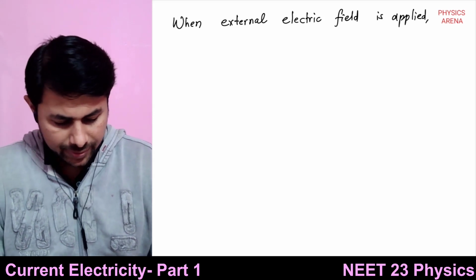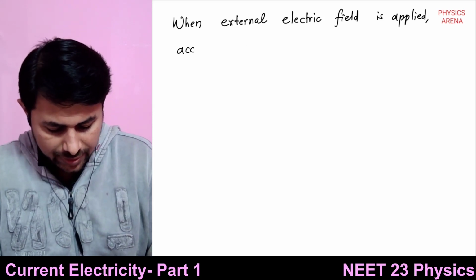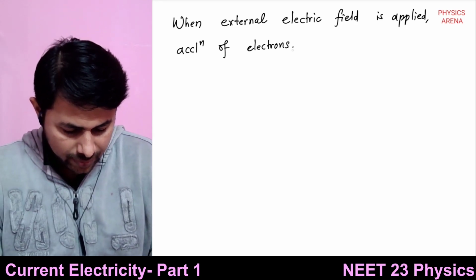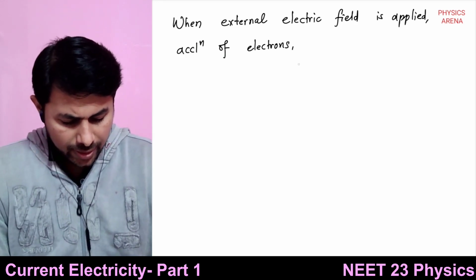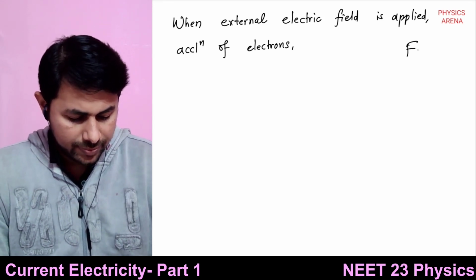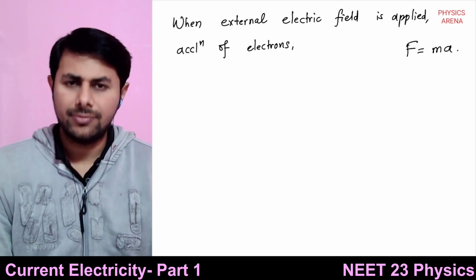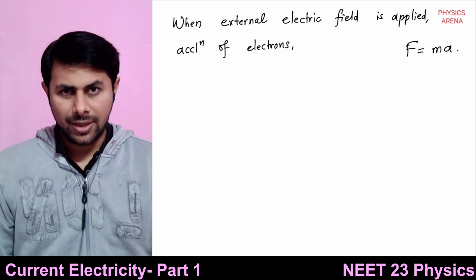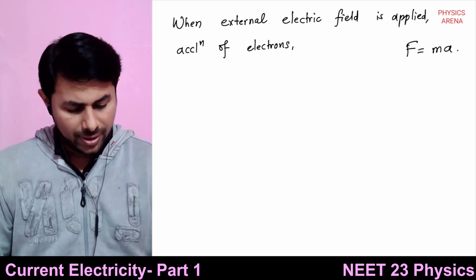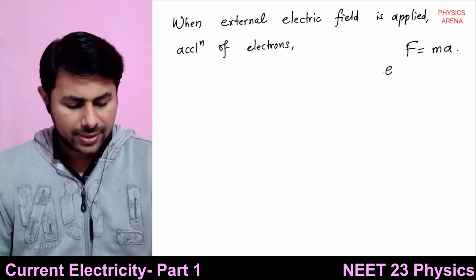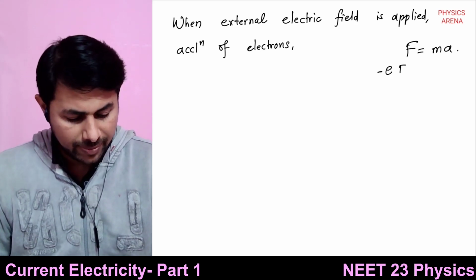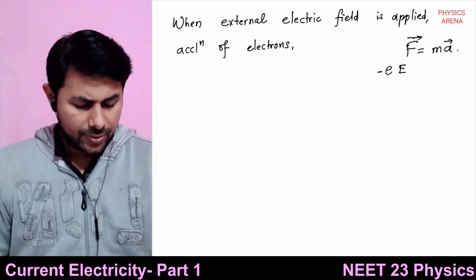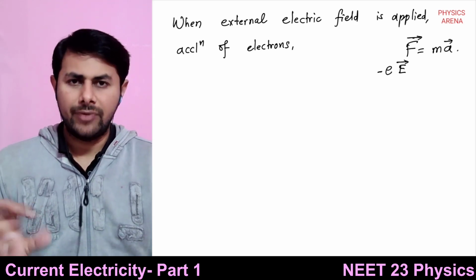There is acceleration of electrons. What would it be? We know force is equal to mass multiplied by acceleration, right? Newton's second law. And how much is the force acting on an electron due to the external electric field? So force is equal to charge, which is minus e, multiplied by the electric field. Let's consider the vector expression.